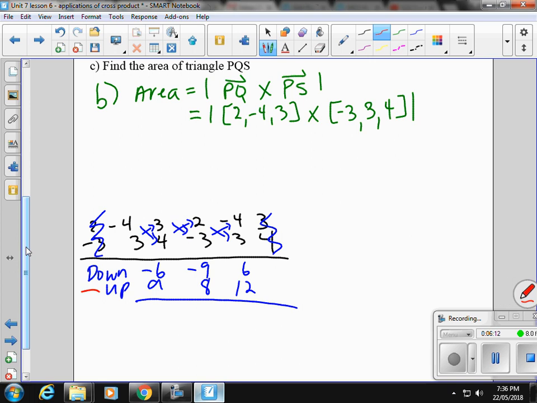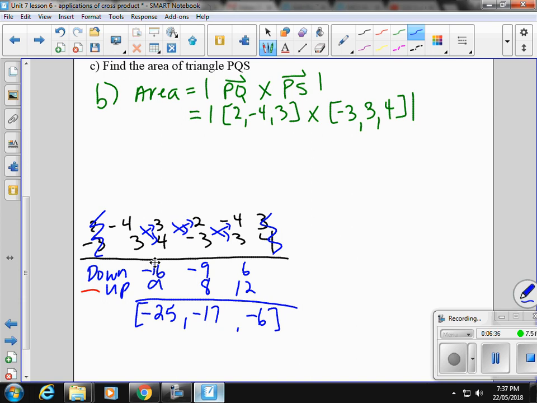If you can read my writing, negative 6 subtract 9 is negative 15. Nope, I did something wrong. Yeah, can't do math. Negative 16 subtract 9, negative 25. Negative 9 subtract 8, negative 17. 6 subtract 12, negative 6.